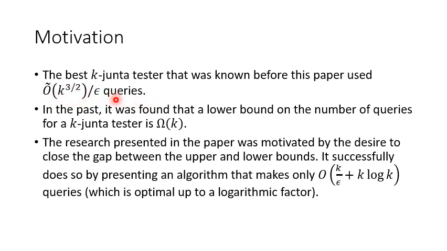That was the minimal number of queries we had for a k-junta tester. And another bound shown before this paper was a lower bound on the number of queries for a k-junta tester. It was big omega of k. So what was basically known is that the best k-junta testers will use a number of queries between big omega of k and this upper bound.